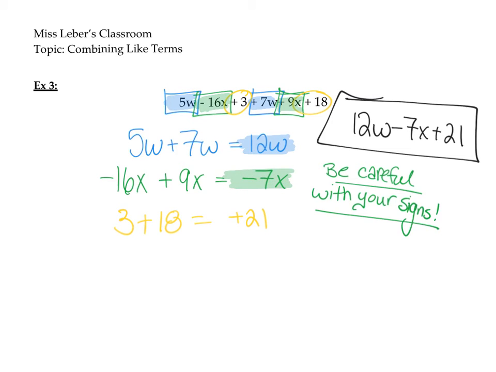And then last but not least, this one was a little different because it had two constants. So I see I've got a plus 3 and a plus 18, giving me that positive 21. So again, combining those into our simplified expression of 12w minus 7x plus 21. How'd you do?